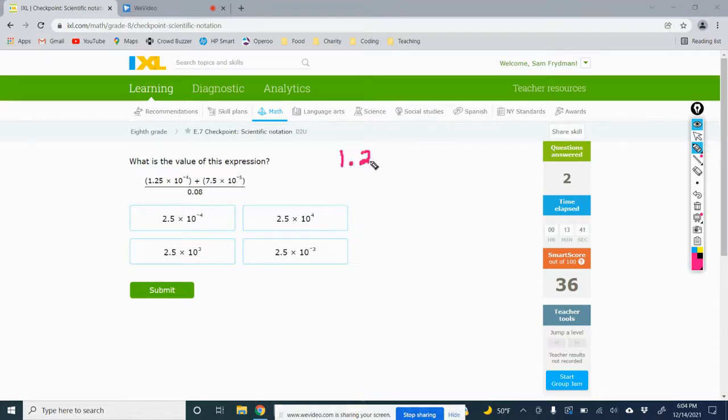I'm going to figure out what this number would look like if I changed that negative 4 to a negative 5. So in order to do that, I had to decrease the exponent by 1. Okay, negative 4 minus 1 is negative 5. And when you decrease an exponent, you have to move the decimal to the right by however many times you decreased it.